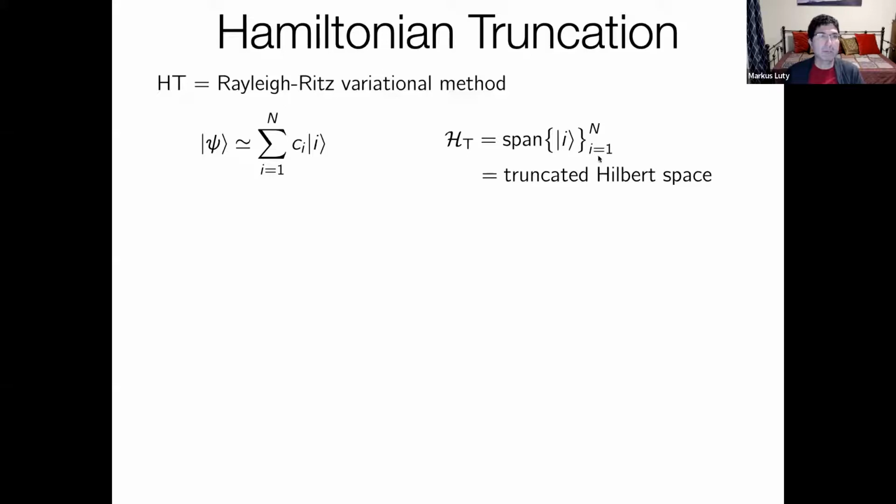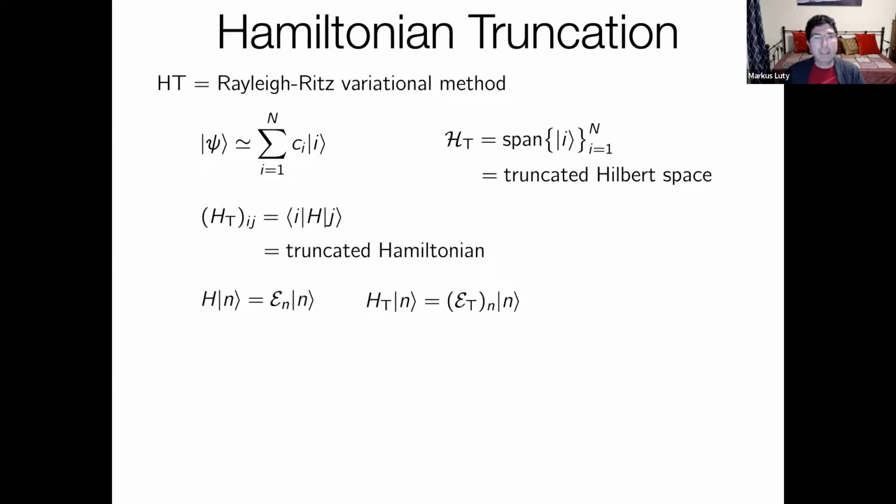Just like any variational method, you have to choose some states, and here the states that you choose are linear combinations of this state I. So we can think of this as a truncated Hilbert space for the full theory. And then once you've chosen a truncated Hilbert space, the Hamiltonian is just a finite dimensional matrix, okay? And you just approximate the true eigenvalues by the eigenvalues of the finite dimensional matrix, okay?